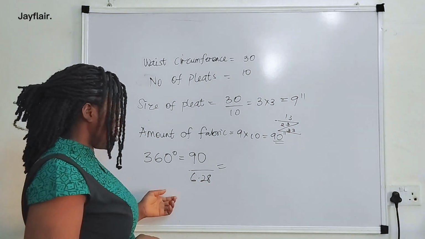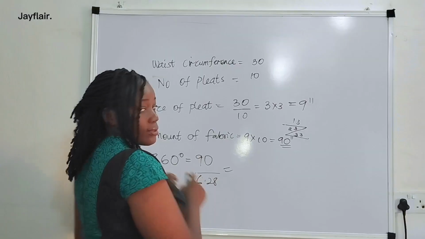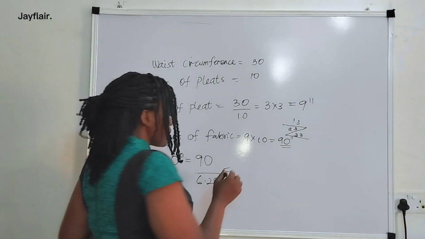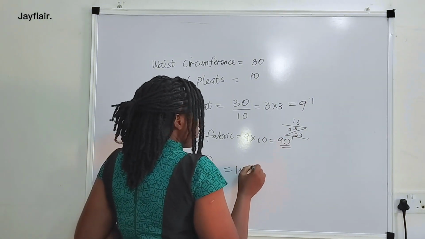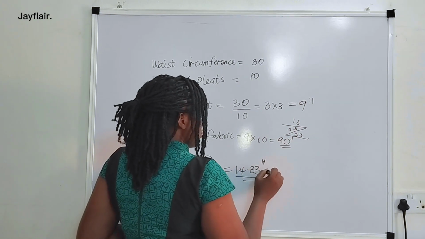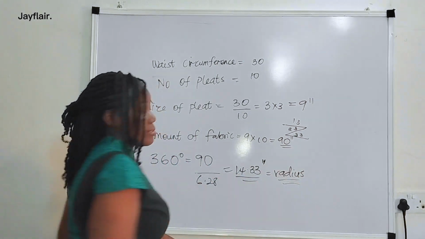You can go and watch it. So 90, which is the amount of fabric that I need, 90 divided by 6.28 is 14.33 inches. So this will be the radius of my circle.